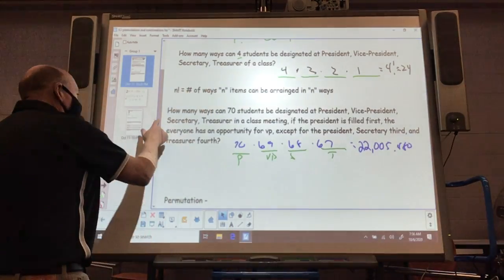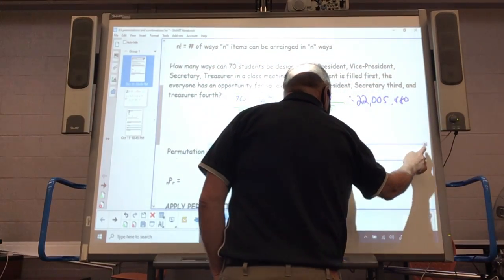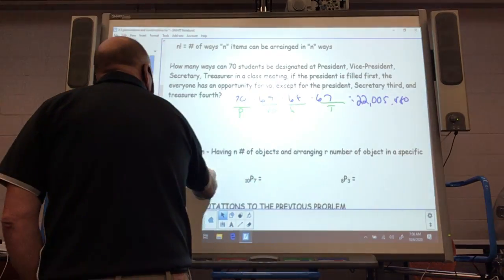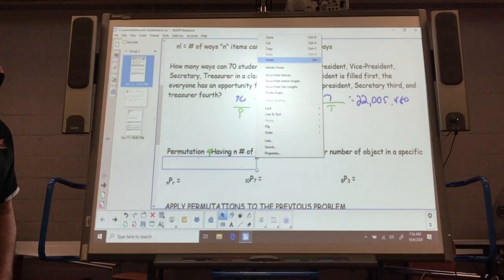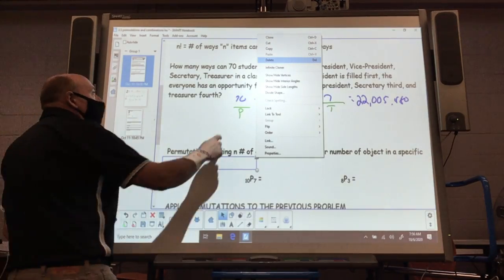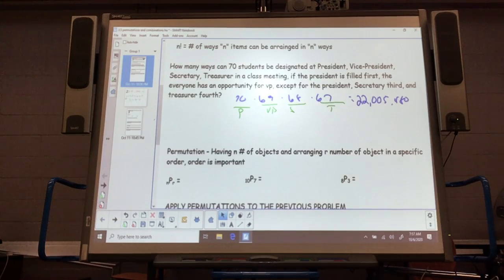Well, in the math world, we can call this idea a permutation.